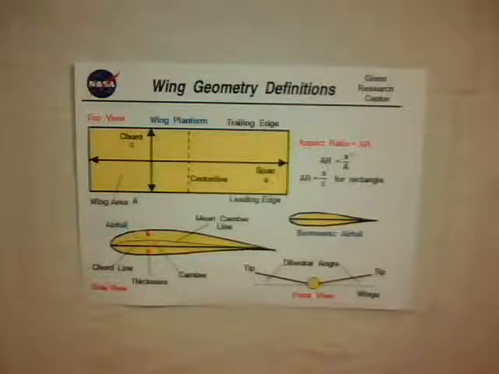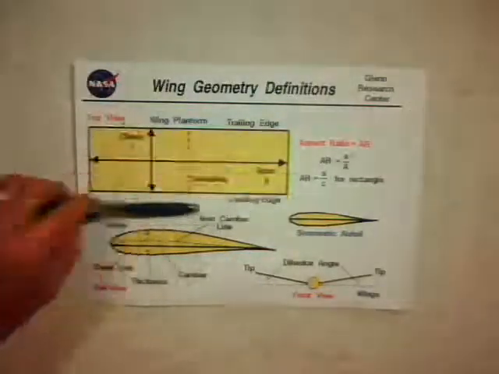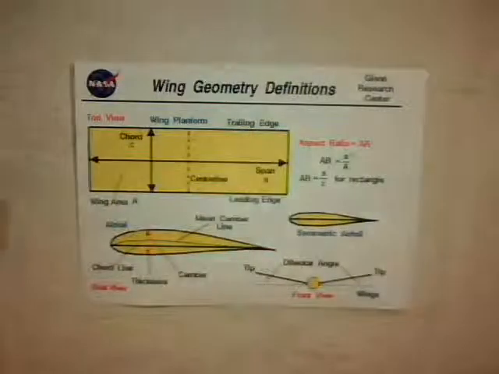For this reason, I've pulled this slide from the NASA Glenn Research Center, and it gives a pretty good indication of the very basic terminologies that you should know surrounding your aircraft wing. If we move to this top picture here, this represents 1/2 of your total wingspan on your aircraft.